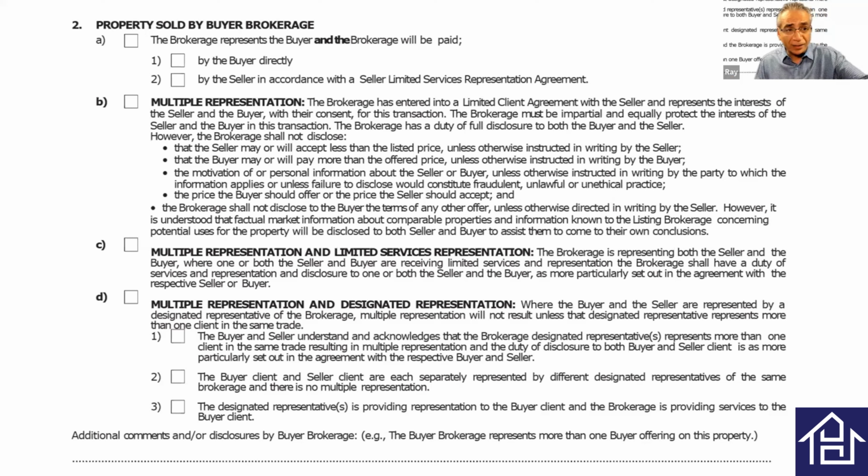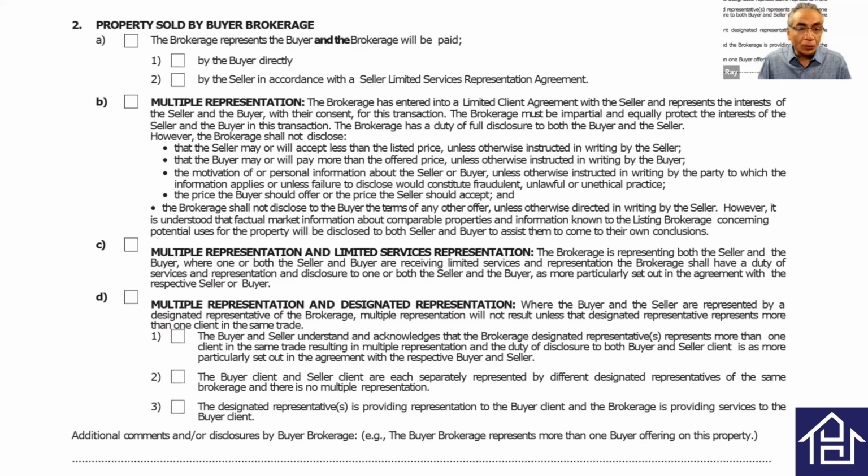Now, if we have selected number A and number 2 here, meaning that we have a limited service representation with the seller, then we also have to select number C, saying that multiple representation is happening and there's a limited service representation. Now, the limited service representation could be with the buyer or the seller. Doesn't matter. But this number C is when one of them or both of them have limited service representation.